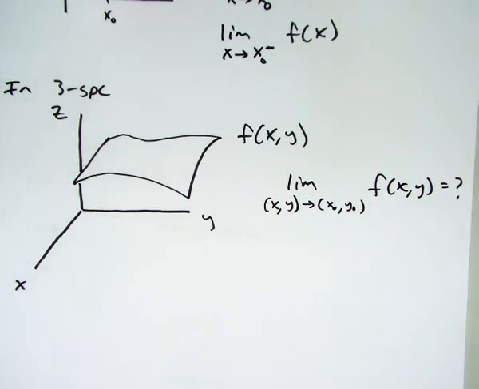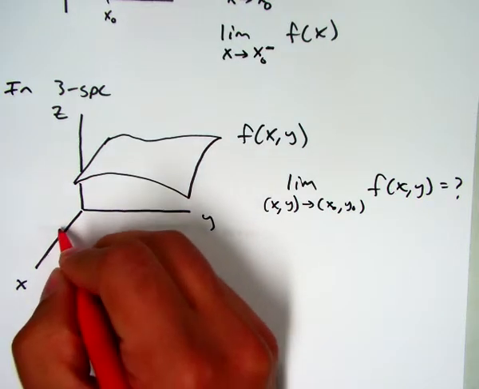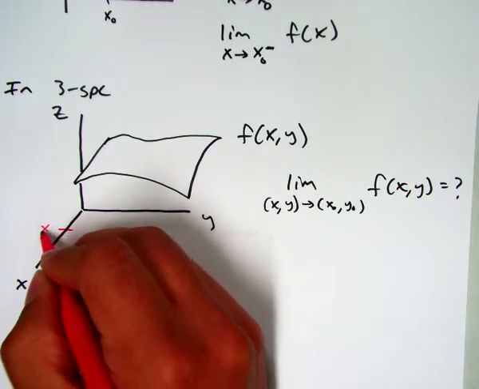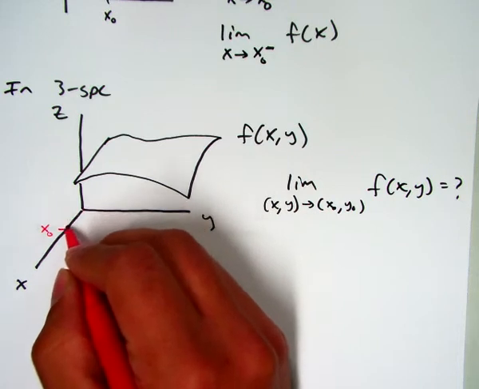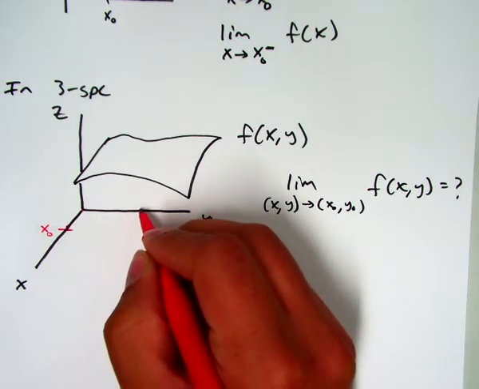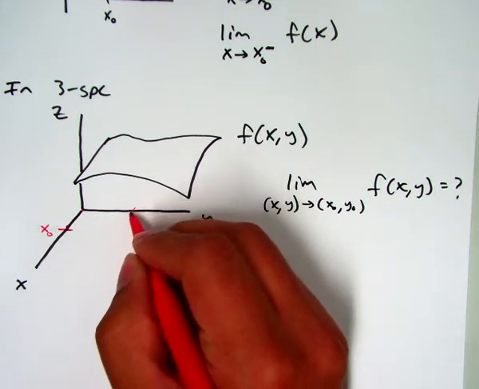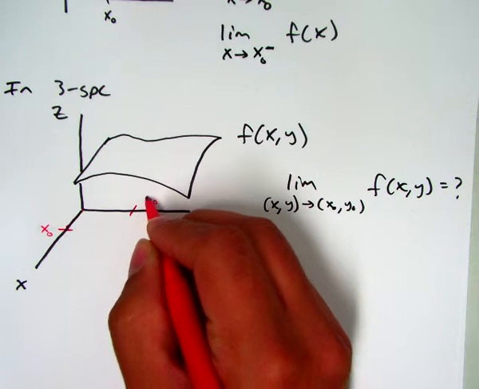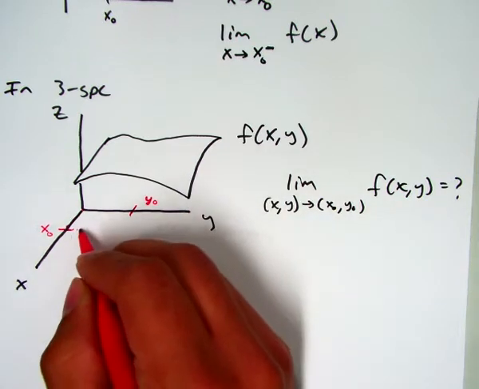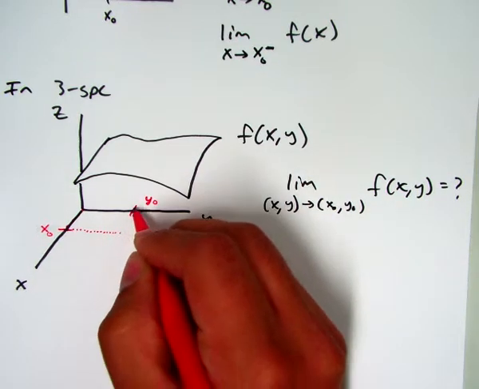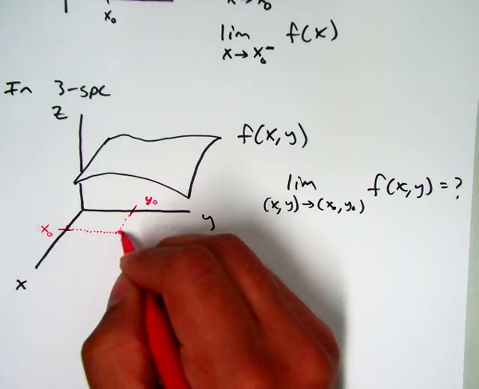So visually, let's say right here is x naught. Let's say right here is y naught. I would go to the point x naught, y naught, which is right here.